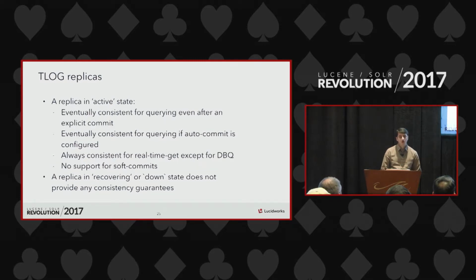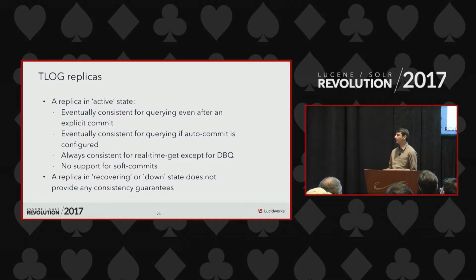Coming to the T-log replicas, a replica which is in active state is eventually consistent for querying even if you do an explicit commit. So an explicit commit does not guarantee consistency on T-log replicas, but it does on NRT replicas. This is because the commit is kind of a no-op on the replica, because we never modified the index at all.